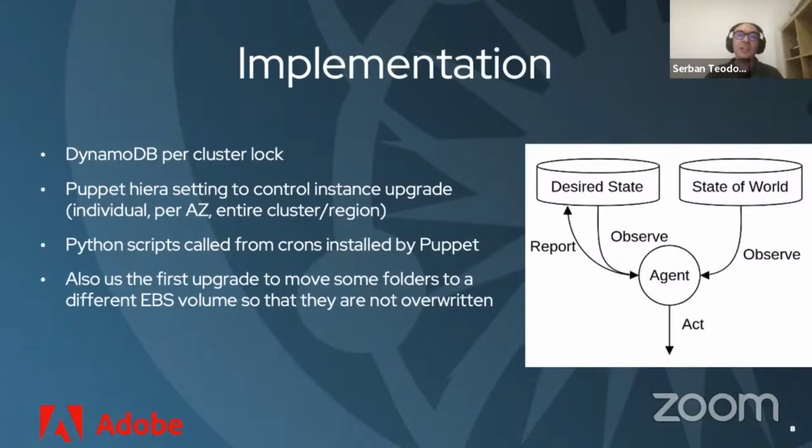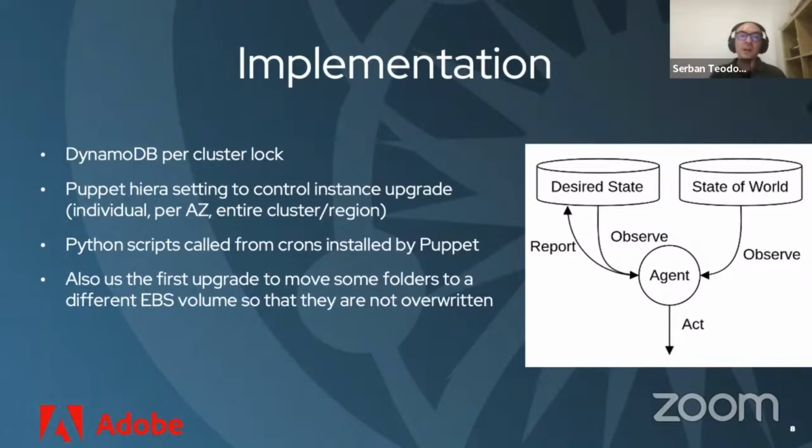So how we implemented it: because Netflix is open sourced, we used only the bootloader stuff and Ubuntu image. We implemented the DynamoDB cluster lock. It's easy to find this on Google.